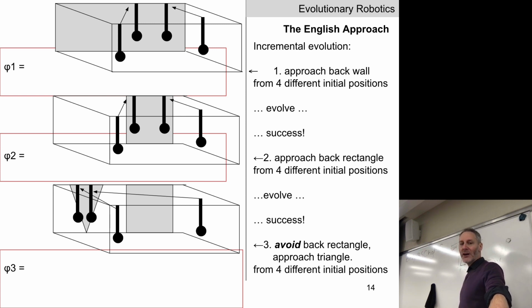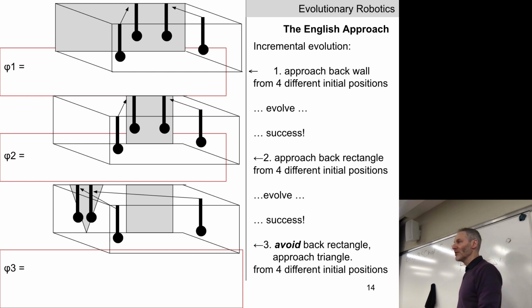Once the gantry robot evolved to do this more complicated task, they replaced that fitness function with a yet more difficult fitness function. Sound familiar? We've seen this before. Where did we see this before? Scaffolding. This is scaffolding.